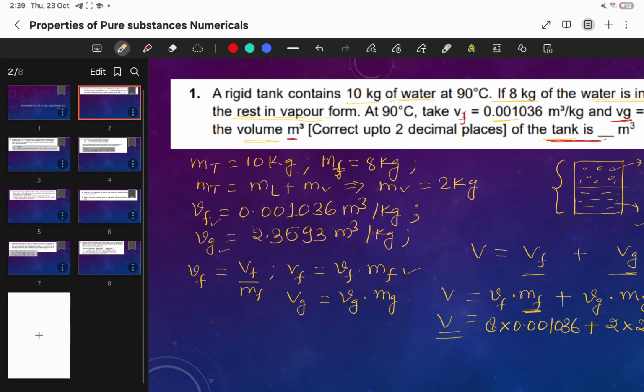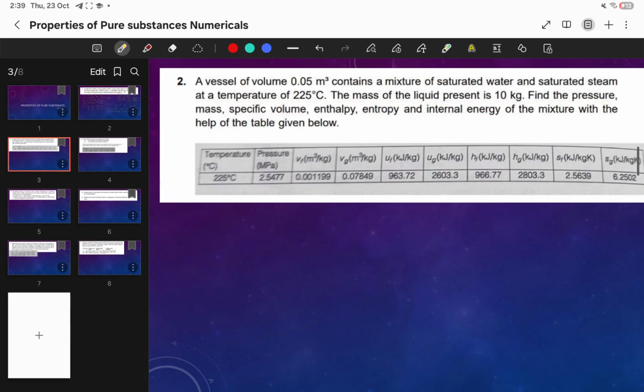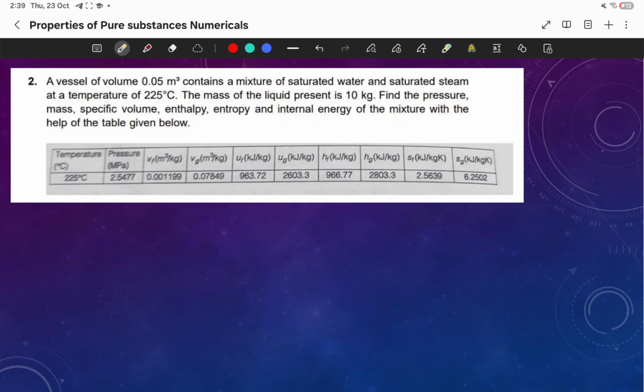So this is for question number 1. Let's move to the next question. A vessel of volume 0.05 meter cube contains a mixture of saturated water and saturated steam at a temperature of 250 degrees Celsius.